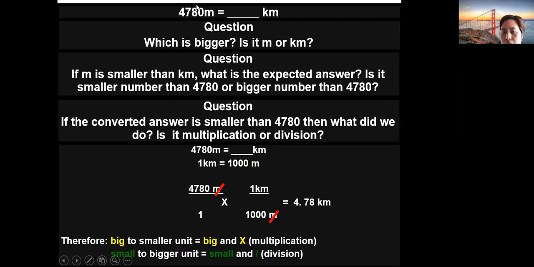So the equivalent of 4,780 meters is equal to 4.78 kilometers. Smaller number, yes, but still equal. Again, the only difference is the unit of measurement. Therefore, small to bigger unit equals a small number, and division is the operation.